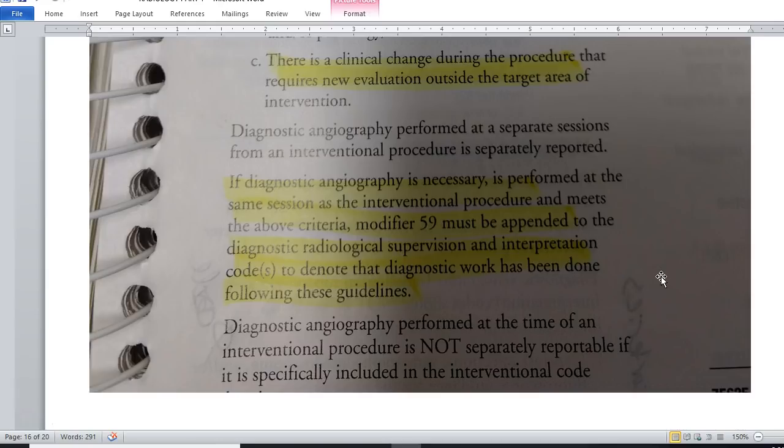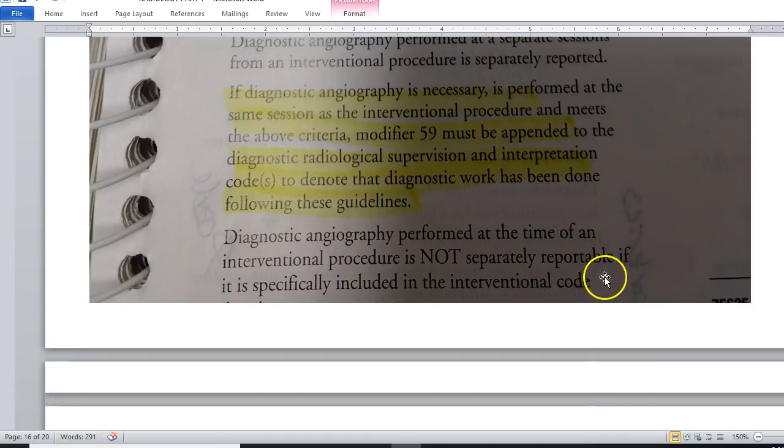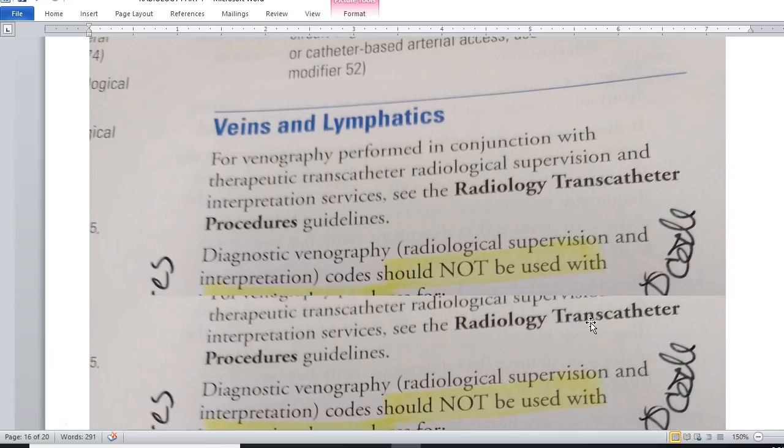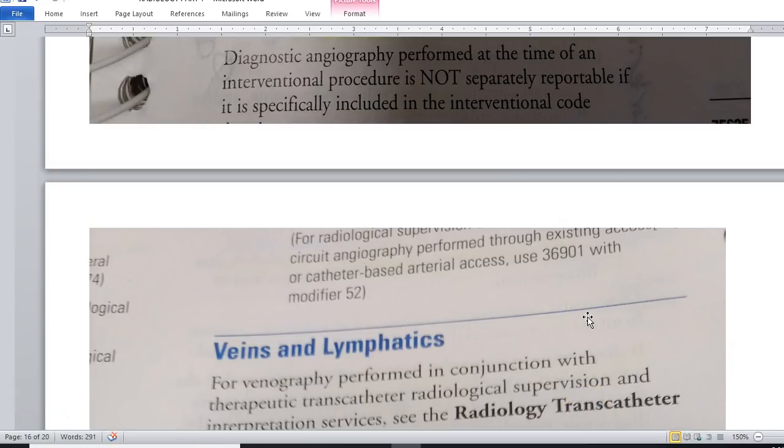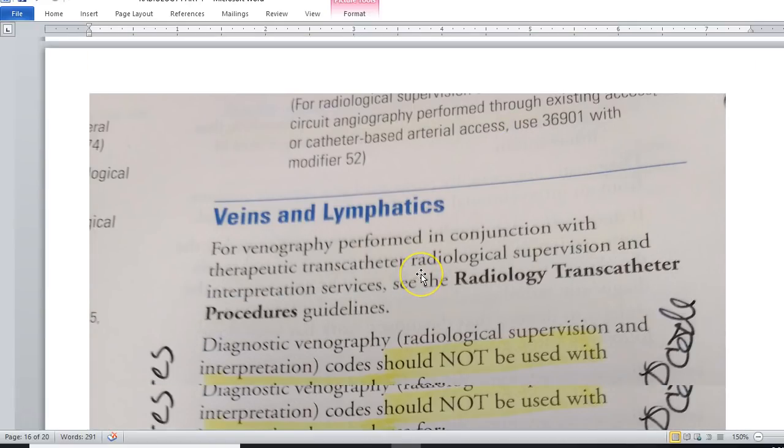So again, 59 because it's separate and significantly different. Again, saying that maybe something has changed and that's why we're doing the angiography. Now again, diagnostic angiography performed at the time of an interventional procedure is not separately reportable if it is specifically included in the interventional code, which is where we have to be careful, okay? So that's the big thing. When can we and when can we not?